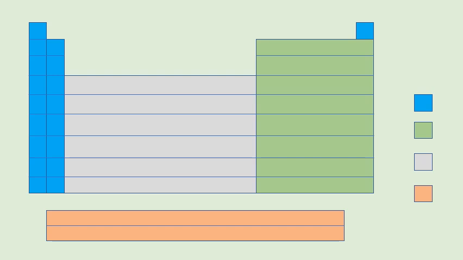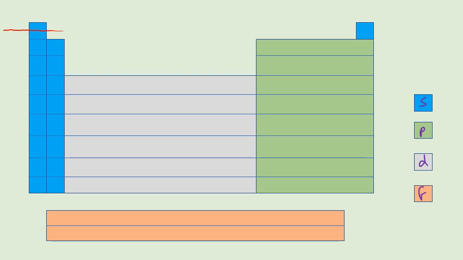Okay, next thing we're going to look at then is we've identified blocks. We now know that we've got some S, P, D, and the F block. We're now going to look at groups and periods. Now, when it comes to period, the period is the row.